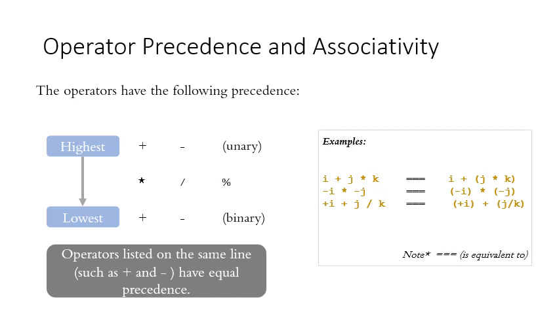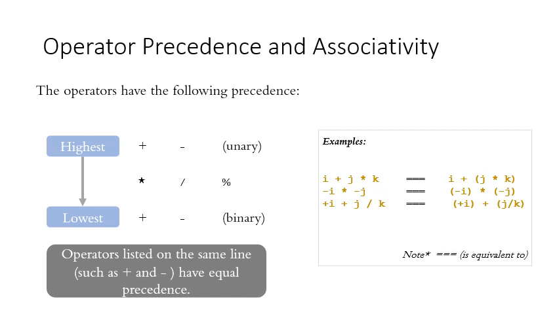In the expression i plus j times k, the multiplication operator has higher precedence than the addition operator. So we group j times k using parentheses, which tells the compiler to evaluate it first before adding it to i.